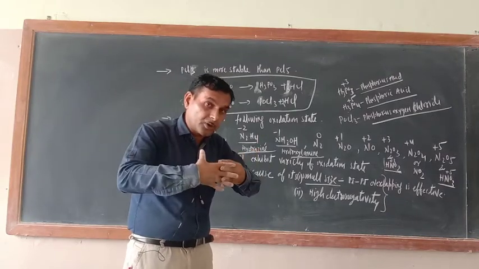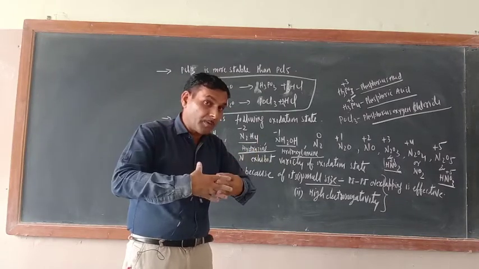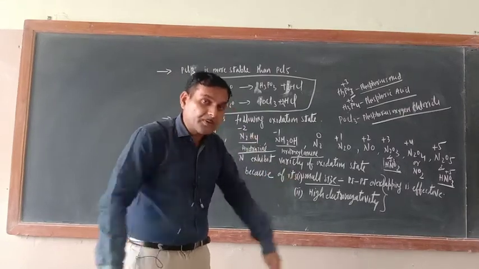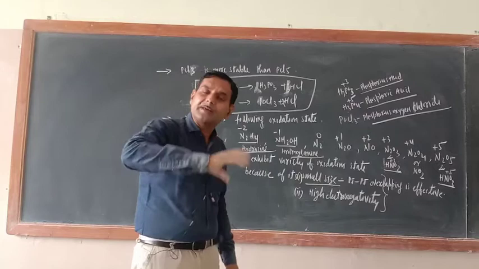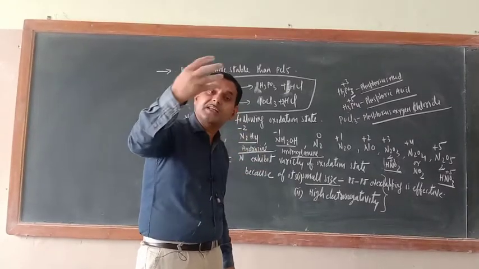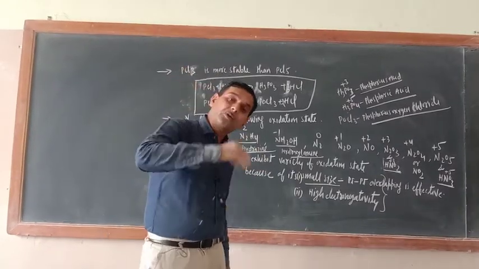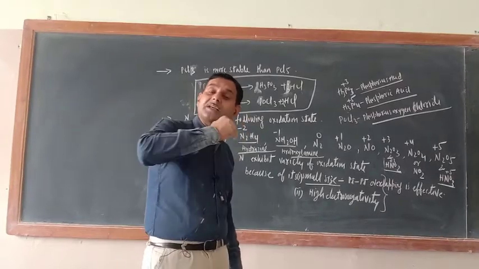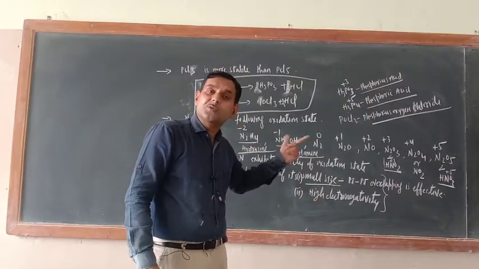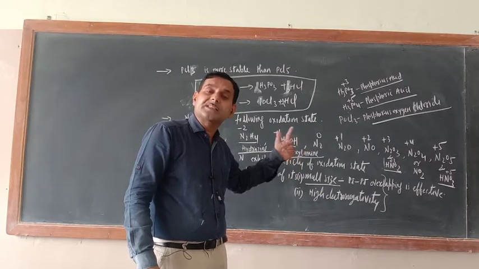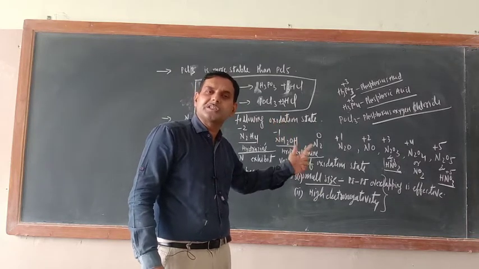So stronger the overlapping, stronger will be the bond and more stable the compound. So due to small size, nitrogen can effectively overlap with other atoms, and this is the reason why nitrogen exhibits a wide variety of oxidation states.